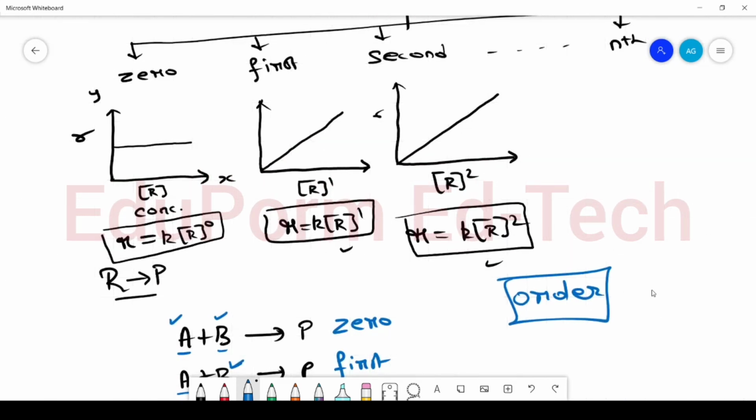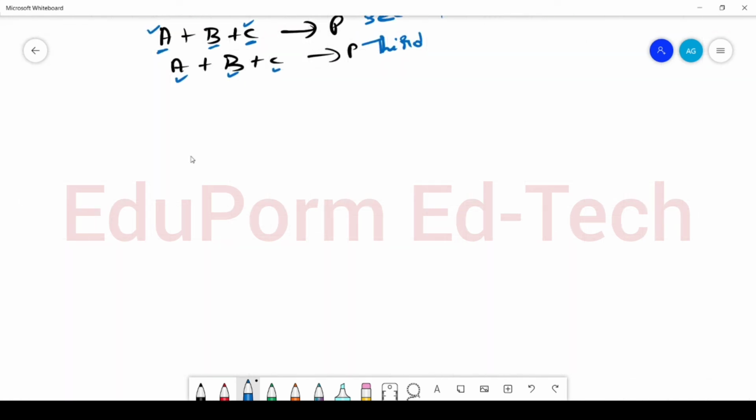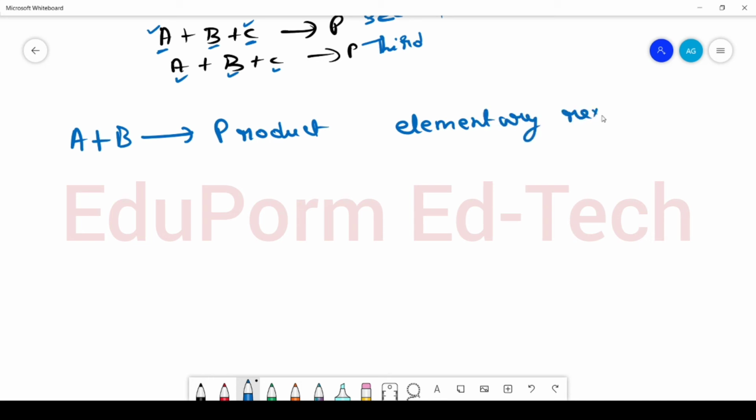Now let's study the difference between order and molecularity of reaction. But before that, let me tell you that there are two types of reaction. First, we have reactions like A plus B gives product. Such reactions are called elementary reactions, and these reactions occur in one step.